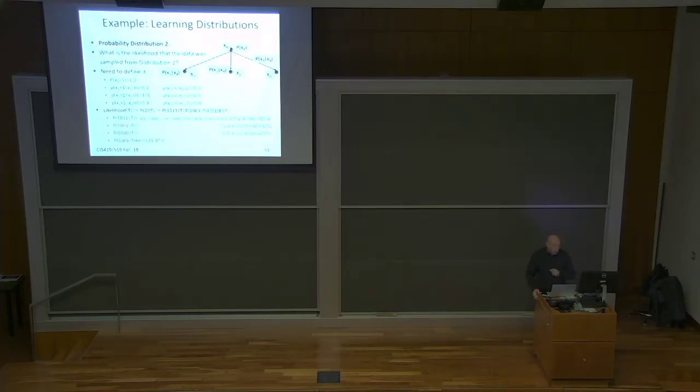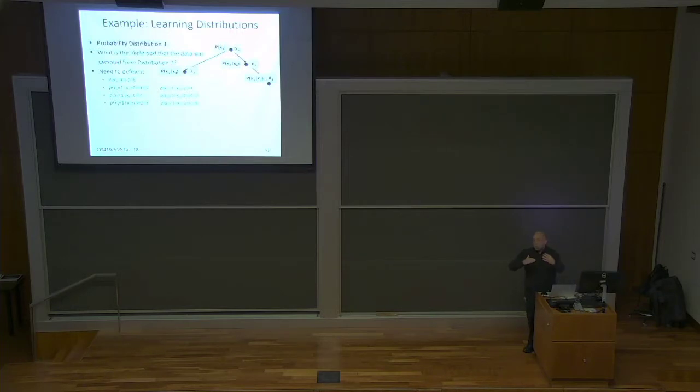Okay, we can do this for the others, and hopefully if I didn't get it wrong, that's the number that we get. And then we can do the same thing for distribution 3. And again, I'm defining the distribution. Again, all I need is 7 numbers. Different numbers, right? Because the structure is different, so the conditional probability tables are different.